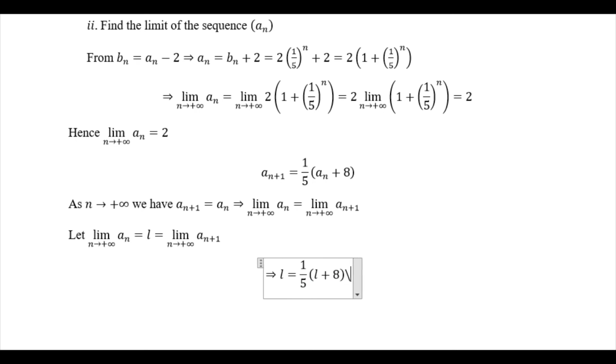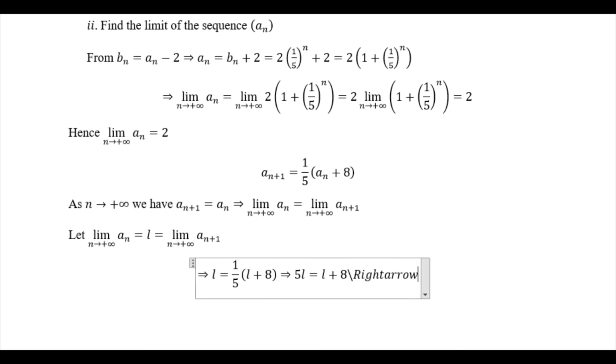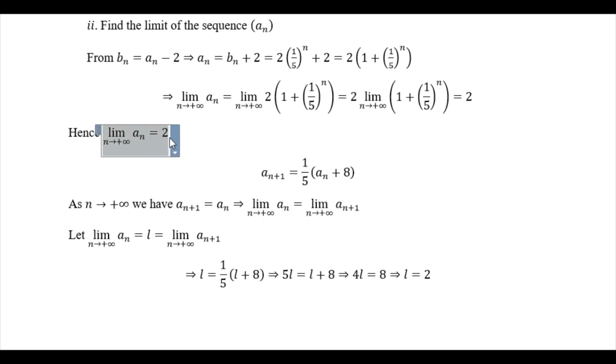So multiplying both sides by 5, it means that we are going to have 5L is equal to L plus 8. So we can subtract L on both sides. 4L will be equal to 8, meaning that our L is equal to 2. So our answer is correct. So the limit of a of n is equal to 2.